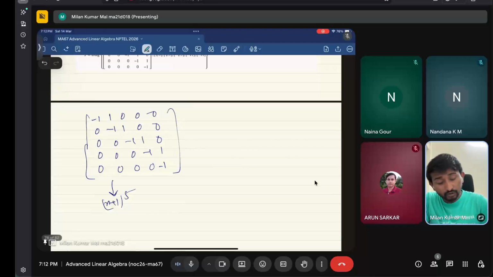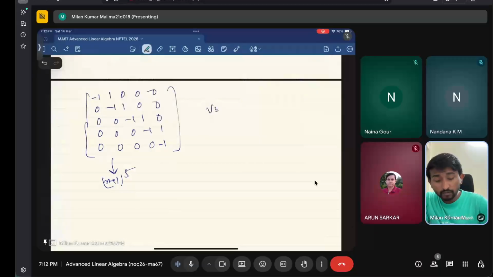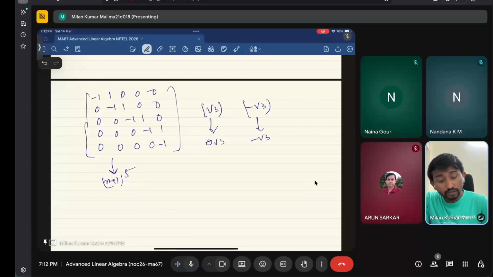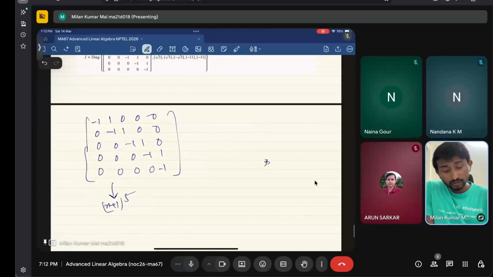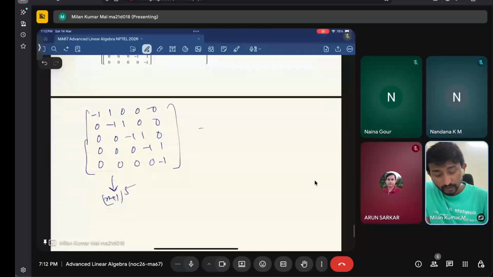And you have minus 3 square root of 3, so that is square root of 3, this is corresponding to square root of 3, minus square root of 3, this is corresponding to minus square root of 3. For square root of 3 there are 2 blocks, so for root 3 there will be at least the blocks root 3, 0, 0, root 3, as the geometric multiplicity of root 3 is 2.